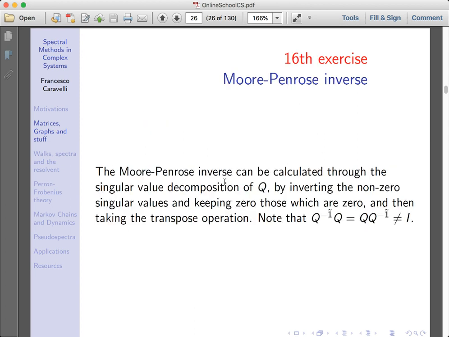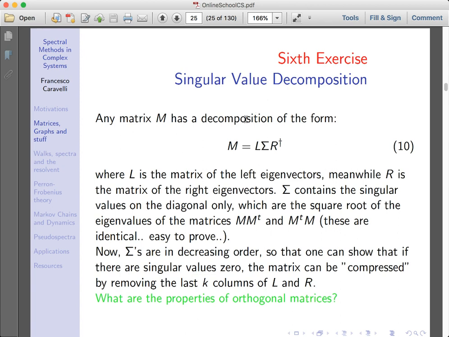In general, the singular value decomposition gives you a diagonal matrix sigma, but instead of having the eigenvalues there, you have the product, or the squares of the eigenvalues of M. And this is based on the following idea, and again, for details, I suggest you go and look in books.